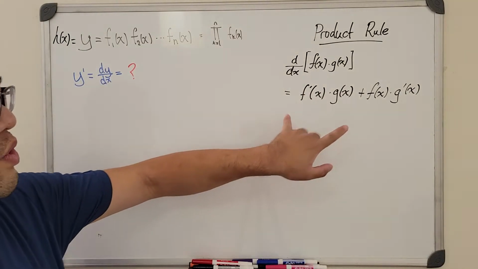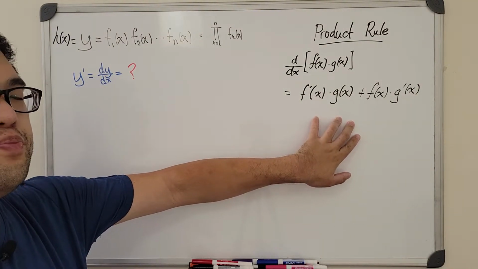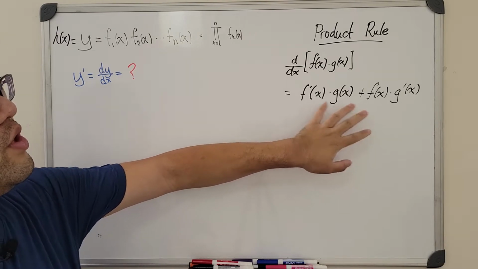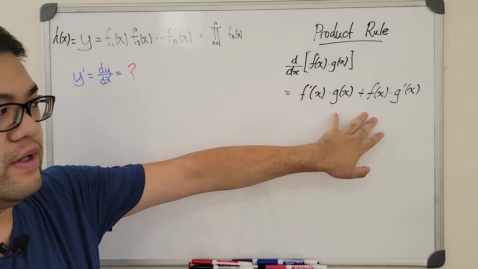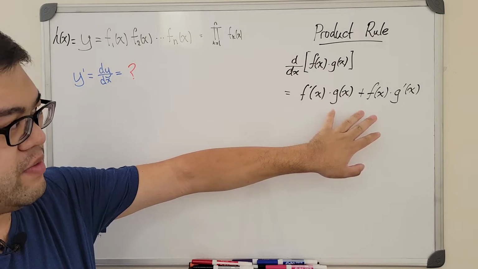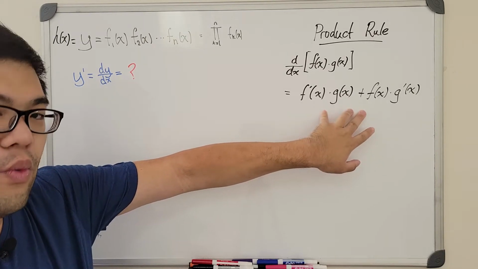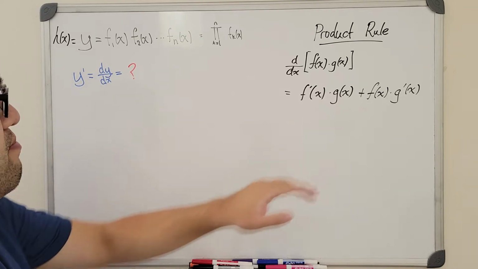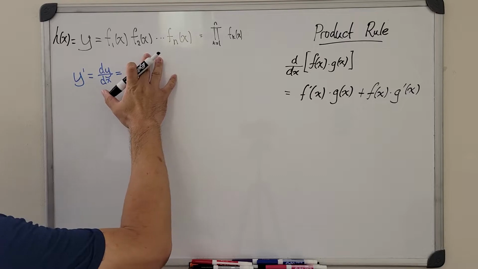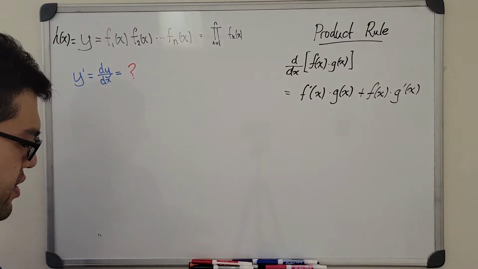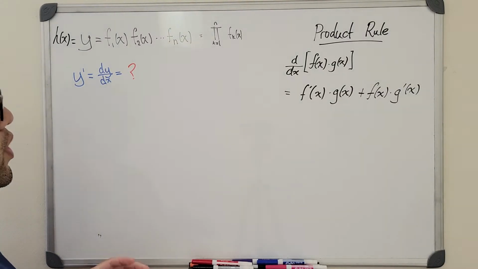We just need to keep this in mind right now. I'm not going to explain how we get this here. I'll try to find another time and make a video to talk about why this is true. But anyway, now we have the product rule, so we can see how we can get this. We're going to do the following.